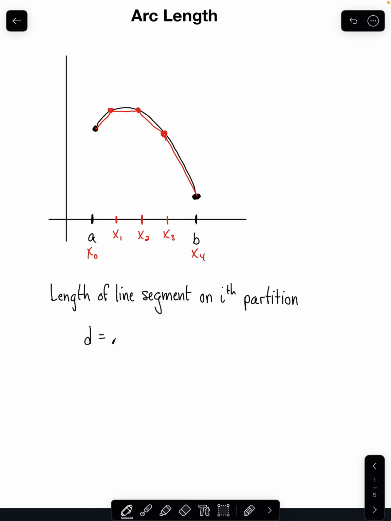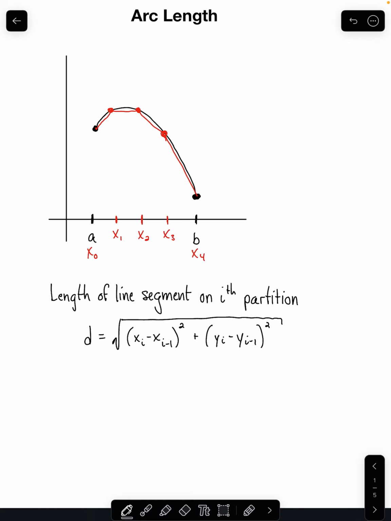So its length, by the Pythagorean theorem, would be the difference in the x values, x sub i minus x sub i minus 1, squared, plus the difference in the y values on that partition, y sub i minus y sub i minus 1, squared. And then square rooting this will give us the length of the hypotenuse of that triangle, the distance of the line segment on that subinterval.